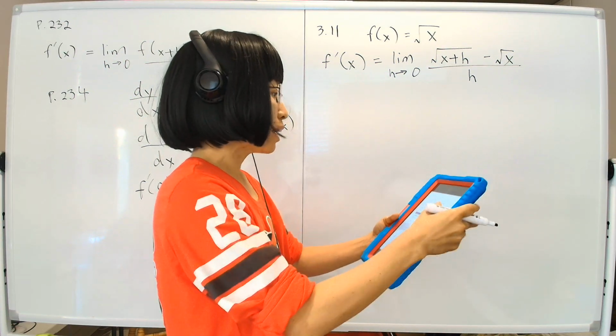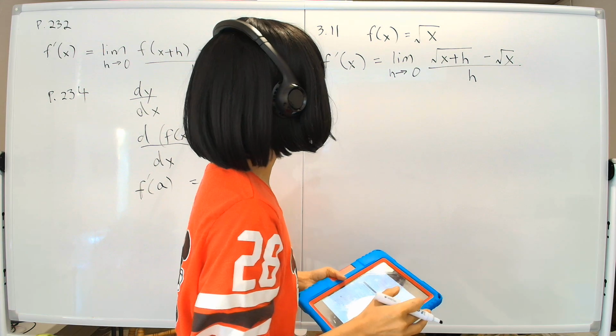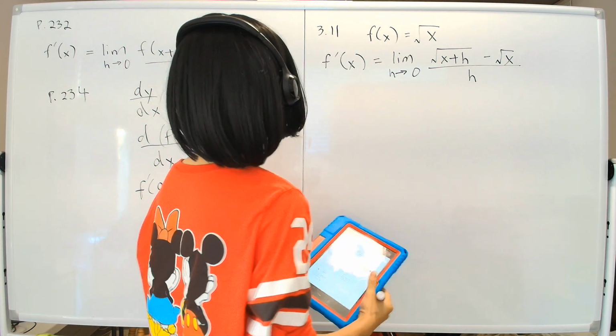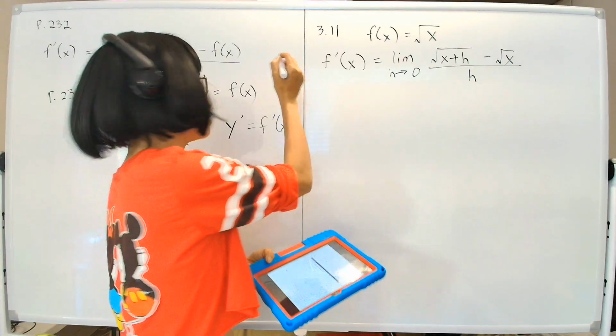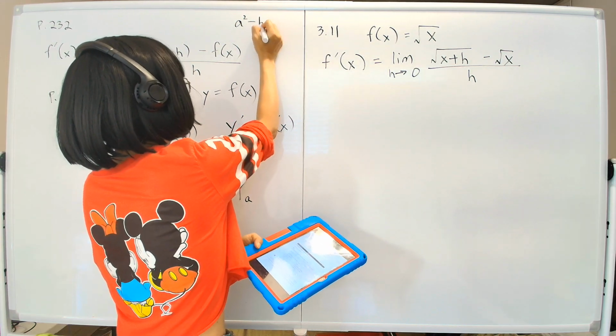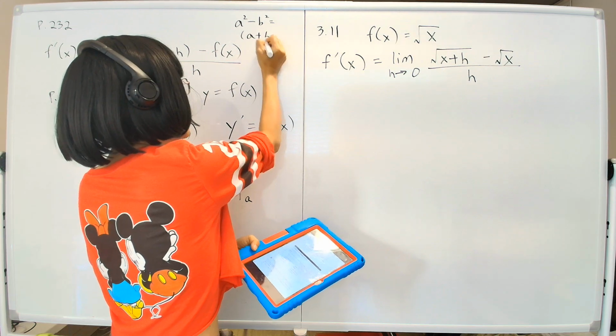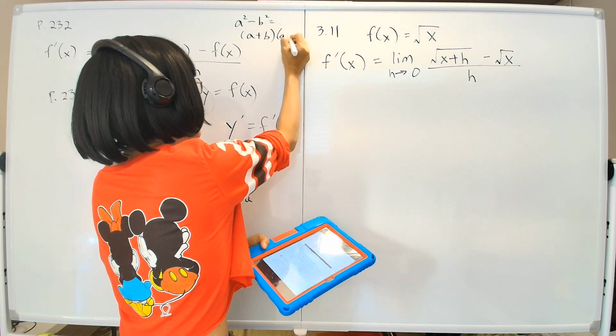Now, to do this calculation, we have to go back to that same trick that we use every day, it seems. That is the difference of squares. A squared minus b squared equals what? The plus and minus: a plus b times a minus b. And why are we doing this?